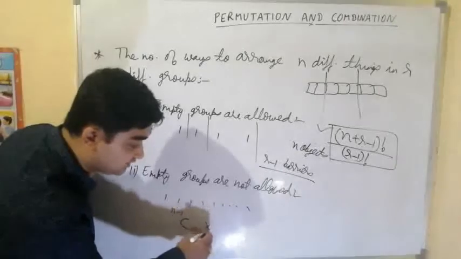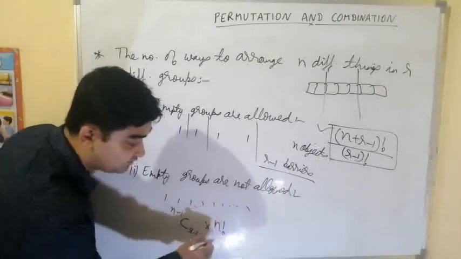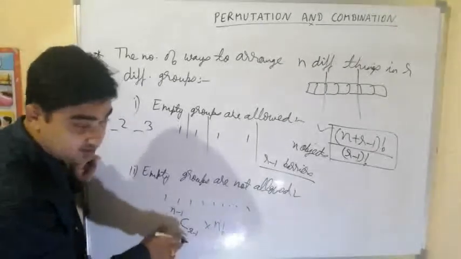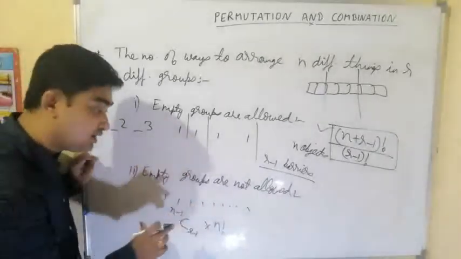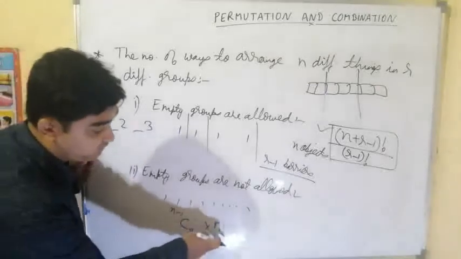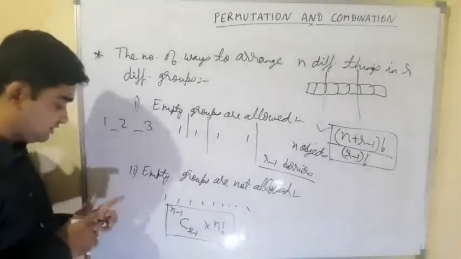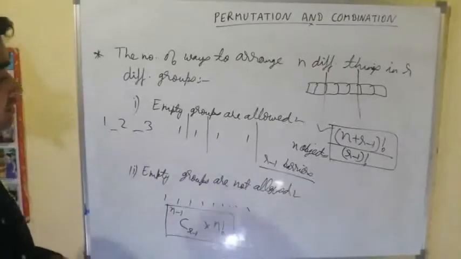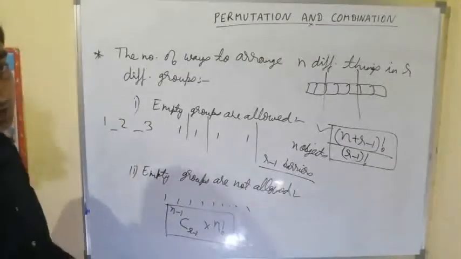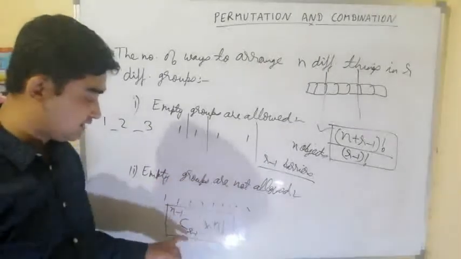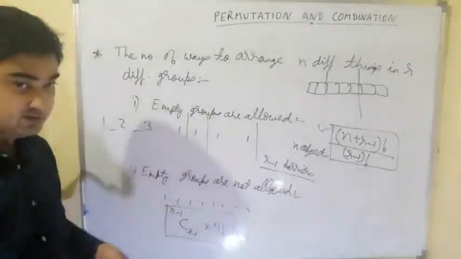But after putting the barriers, the n objects can arrange in n factorial ways. Barriers cannot arrange. For barriers, we have selected the position and we have placed them there. But then objects can arrange in n factorial ways. So this is the number of ways in which n objects can be arranged in r groups where empty groups are not allowed. Out of available n minus 1 positions, select r minus 1 positions to put the barriers.